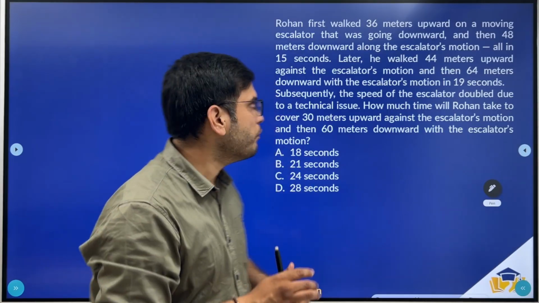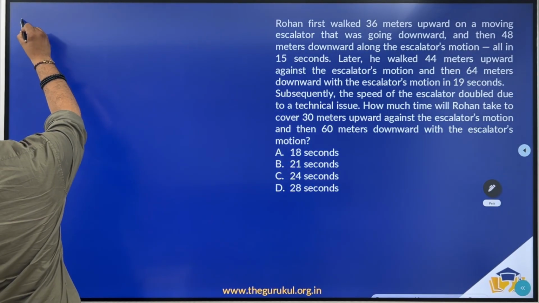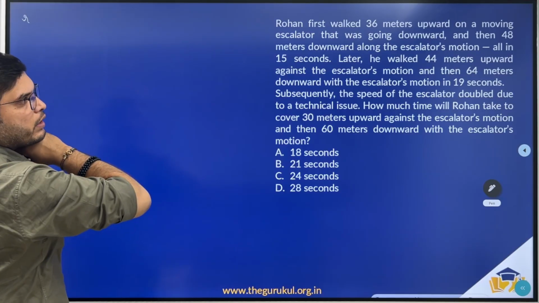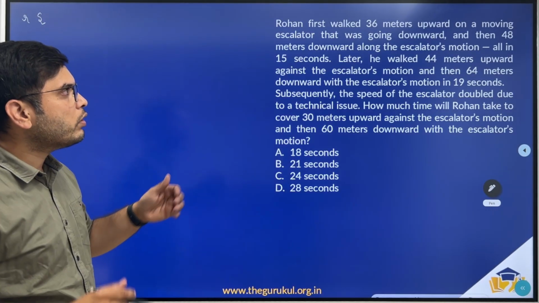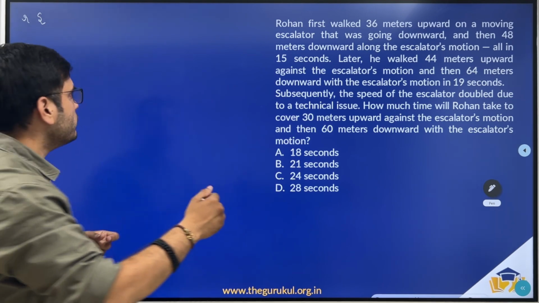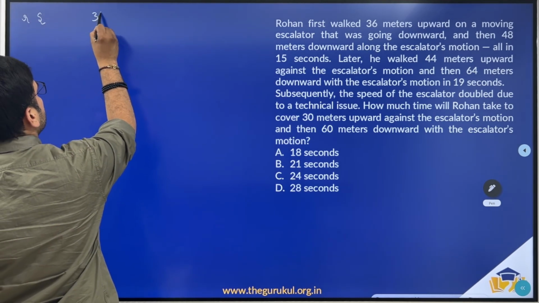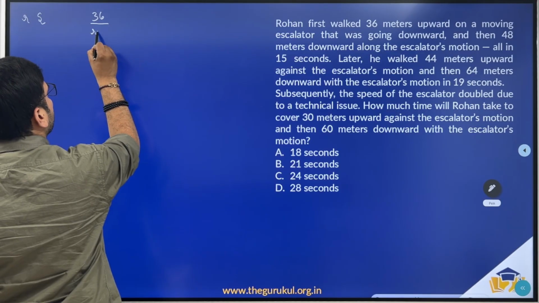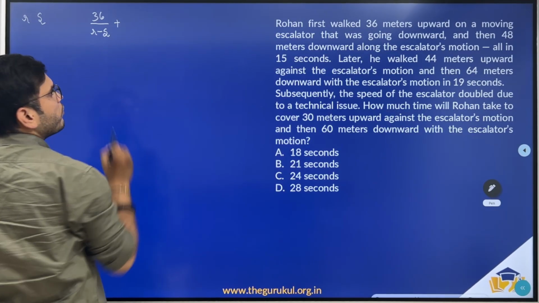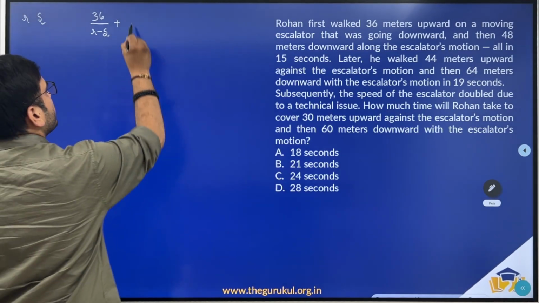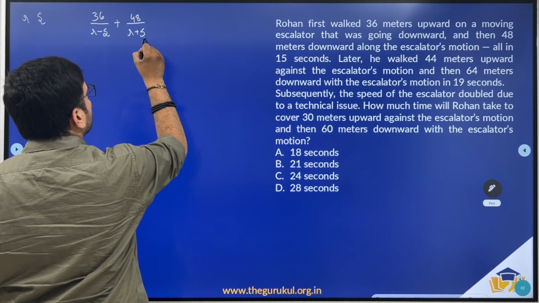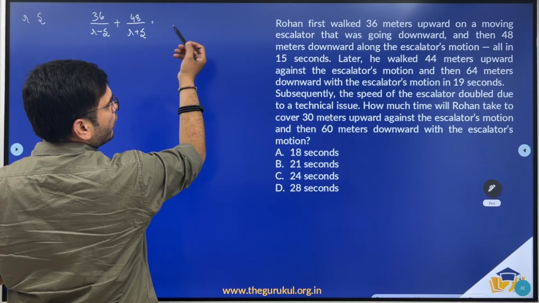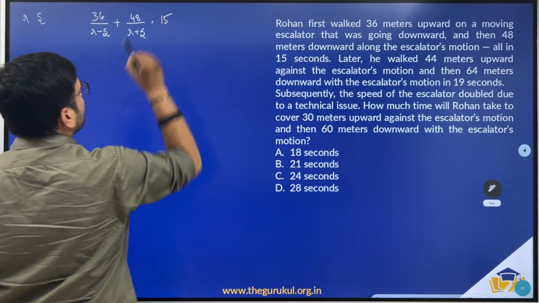Now, let the speed of Rohan be r and the speed of the escalator be s. In the first case, Rohan walked 36 meters against the escalator's direction. So 36 by r minus s plus 48 by r plus s. Now the time that Rohan had taken was 15 seconds.